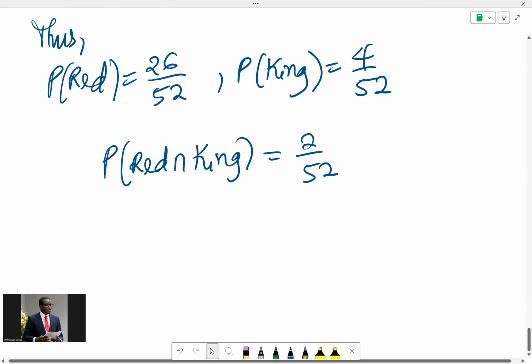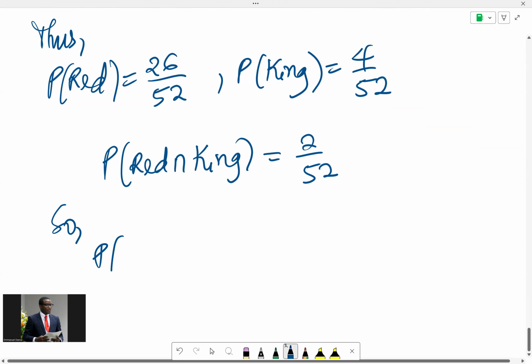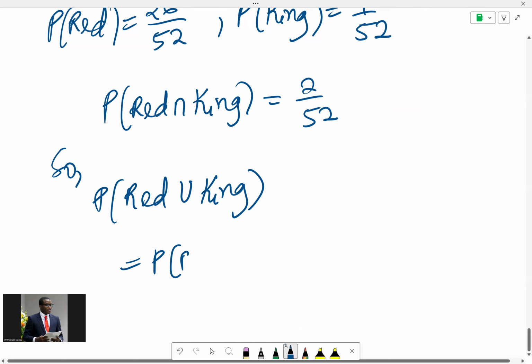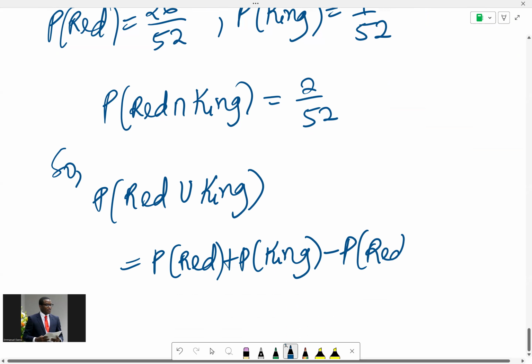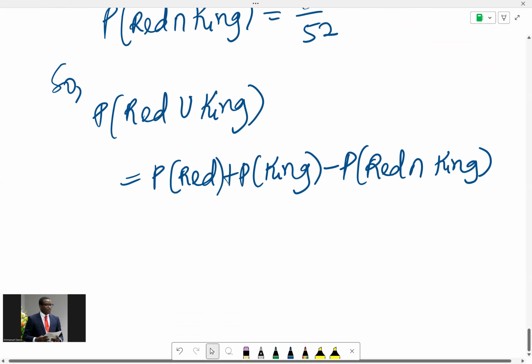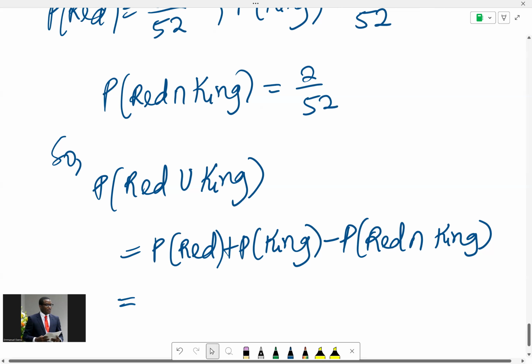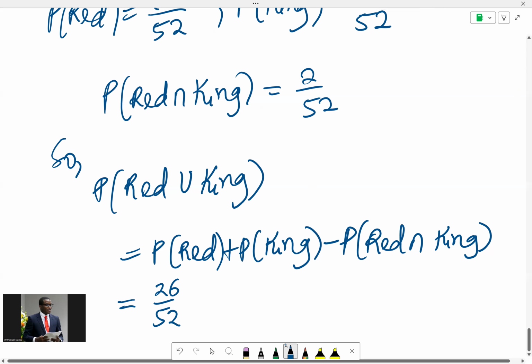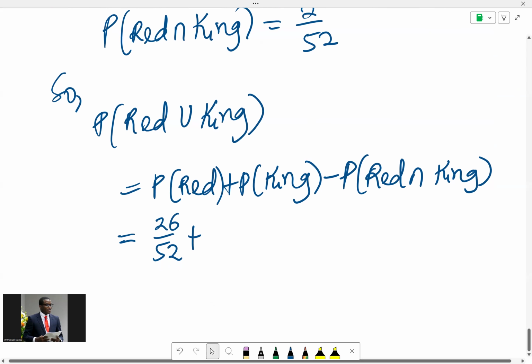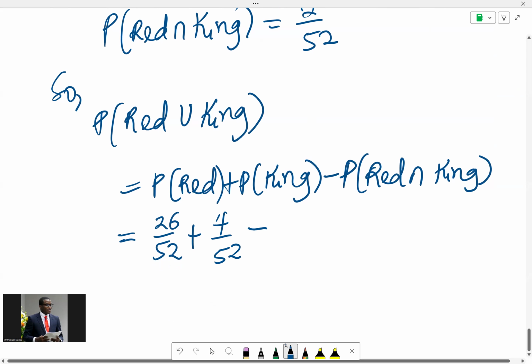Okay. In that case, probability red union king is equal to probability red plus probability king minus probability red intersection king, that is red and king together. So we have probability red, which is 26 over 52. Probability king is 4 over 52, while probability red and king together is 2 over 52.